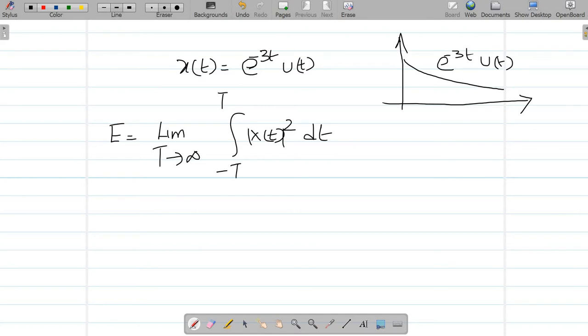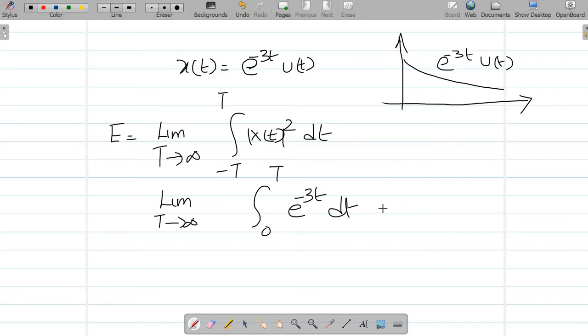If I try to substitute for x of t, sorry, let me put the limits. The signal actually starts from t equal to 0 and goes right up to t, so the integral of e to the power of minus 6t dt.